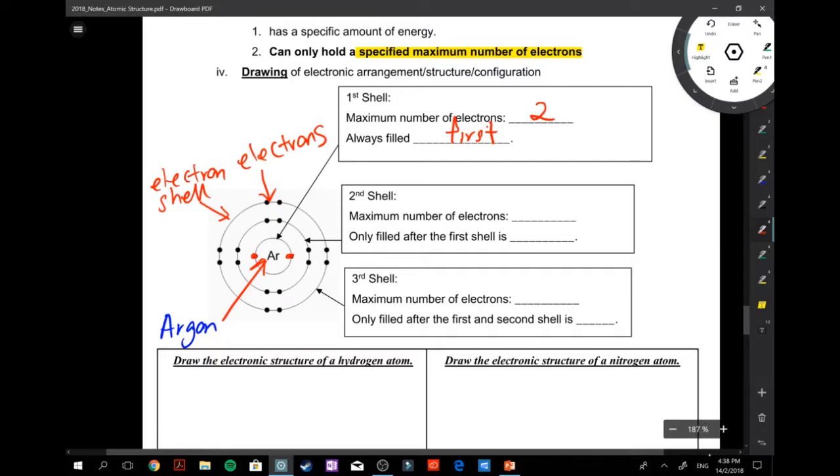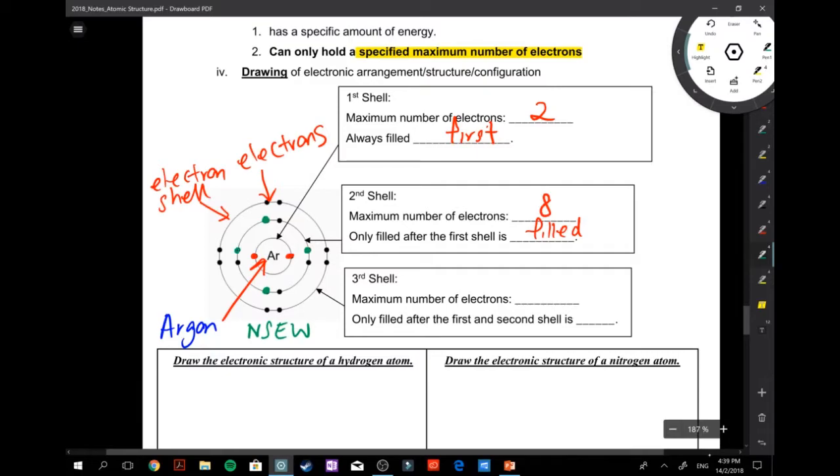The second shell can hold a maximum number of 8 electrons, and it's only filled after the first shell is filled. And how do we draw these 8 electrons? We can go with a simple method that we term north, south, east, west. We use this short acronym to remind ourselves on how to draw the electrons. So this is how I will start drawing. The first electron, north, second one, south, third one, east, fourth one, west.